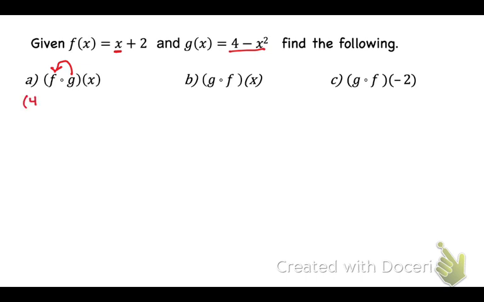I always put parentheses so I know where I plugged it in. And then I still have a plus 2. So it would be -X squared plus 6. Or you could write 6 minus X squared. Either one would be correct.